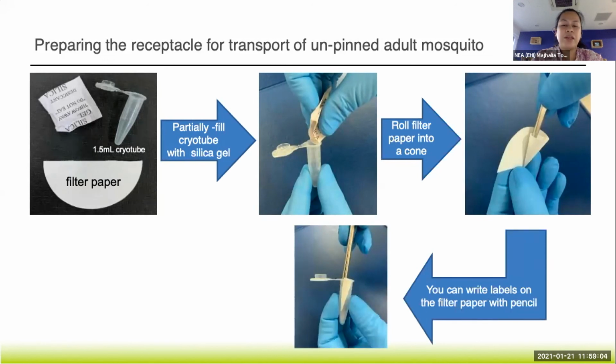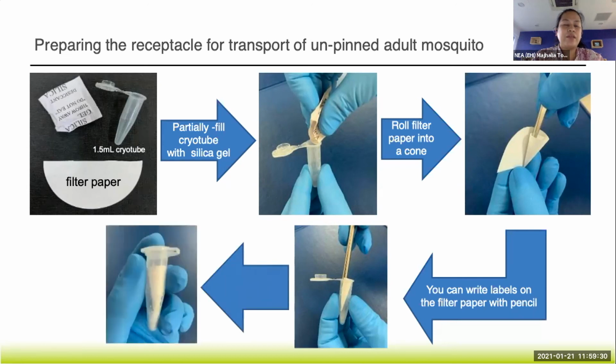The information that I need for this sample can be put on the filter paper with pencil, because I don't want to put additional tags or papers inside the tube that can cause damage to my sample. So the fewer moving parts that you have inside, the better. So make sure the silica gel is outside your filter paper, not inside the filter paper.